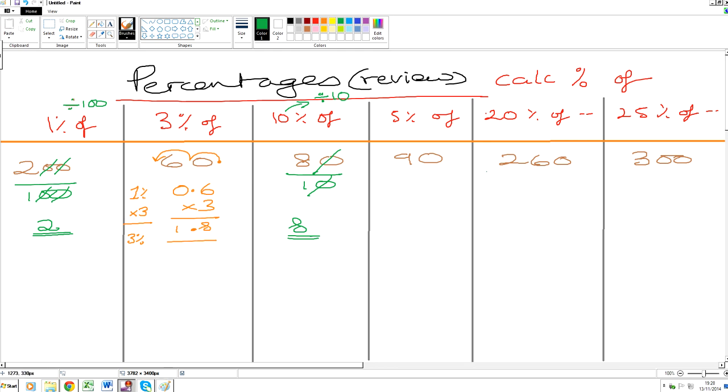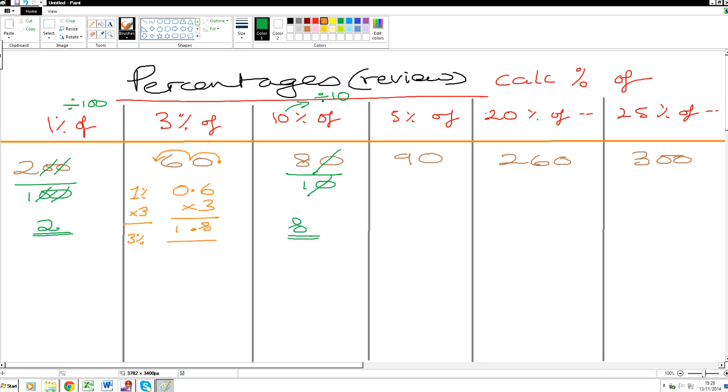Okay, right. We want to work out 5% of 90. What is the technique for working out 5%? First of all, we work out 10%. And then we divide it by 2. That will give you 5%.